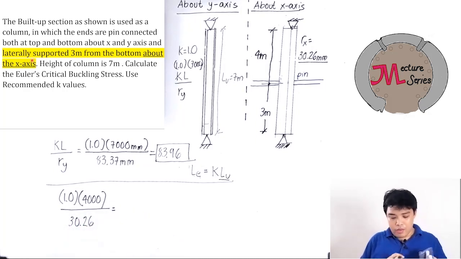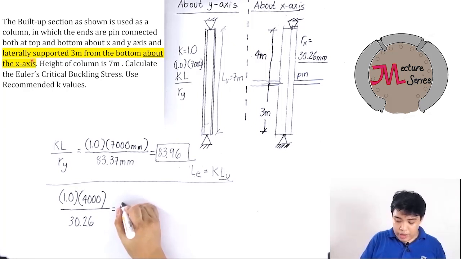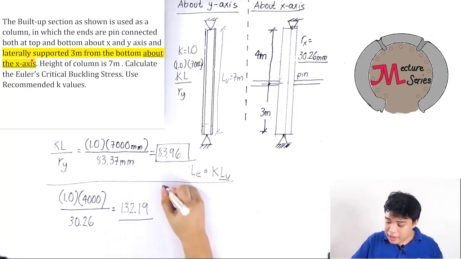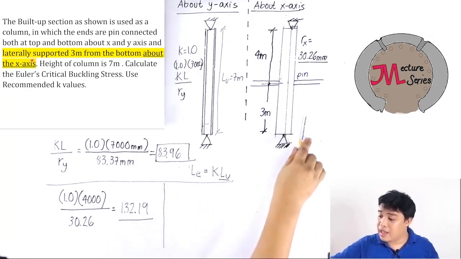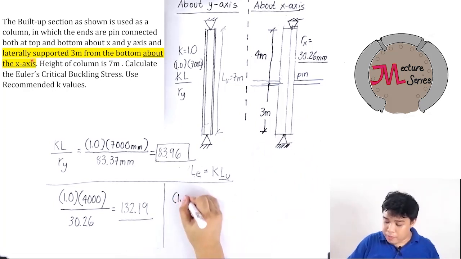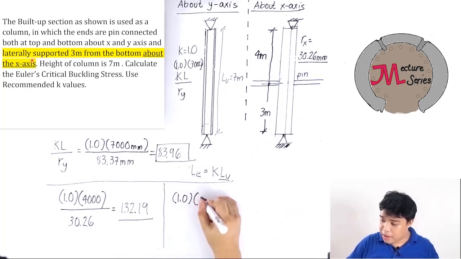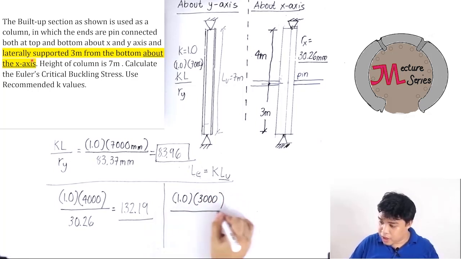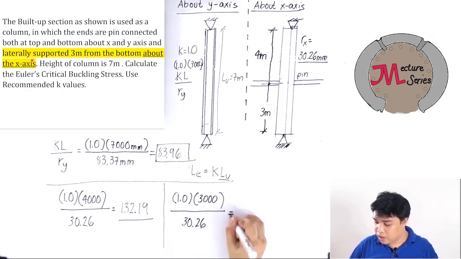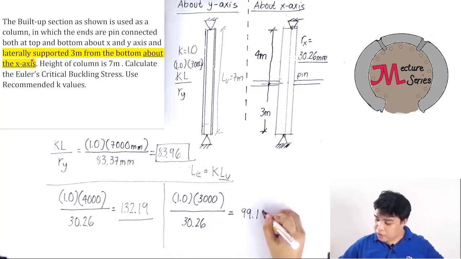This is equal to 132.19. And then we have another slenderness ratio here: 1.0 multiplied by 3,000 millimeter divided by the radius of gyration about x, which is equal to 30.26. So this is equal now to 99.14.